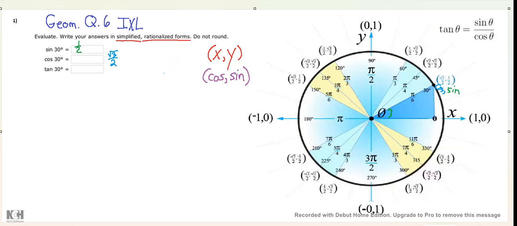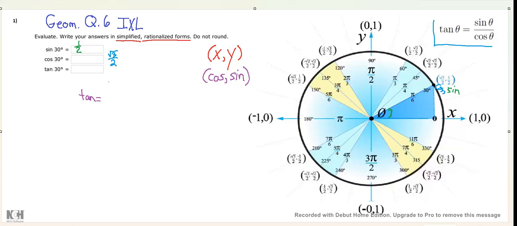Okay, so moving right along. Tangent. Now, we know what cosine and sine are, but the tangent, which is right here, tangent is a ratio of sine over cosine. So the tangent is a little bit more work.